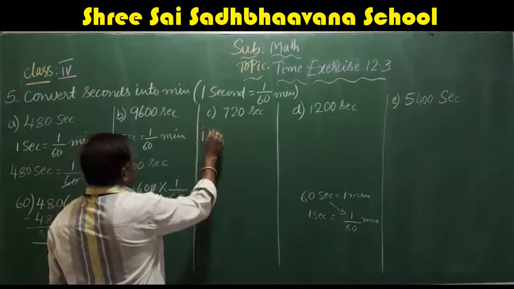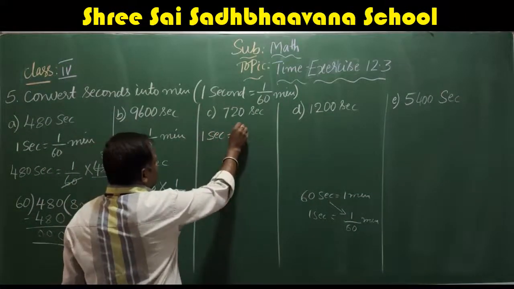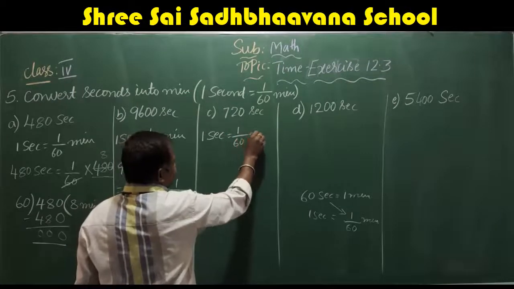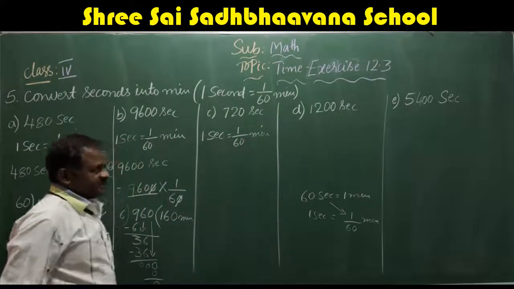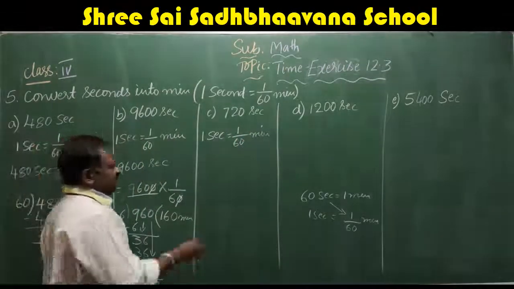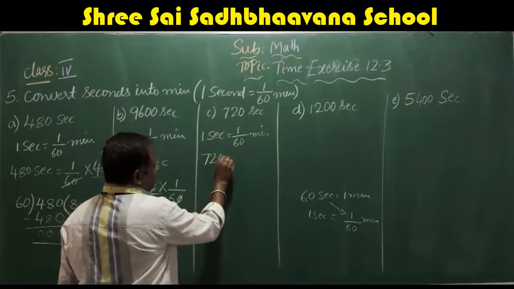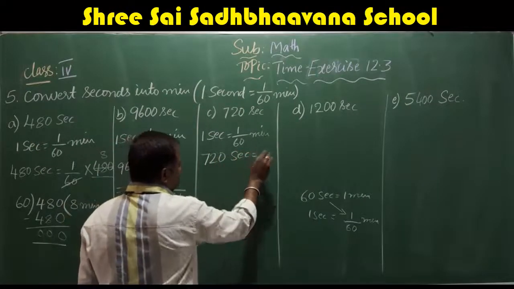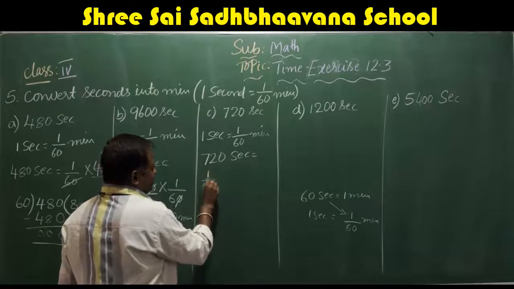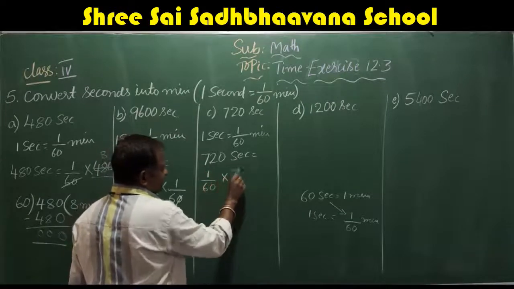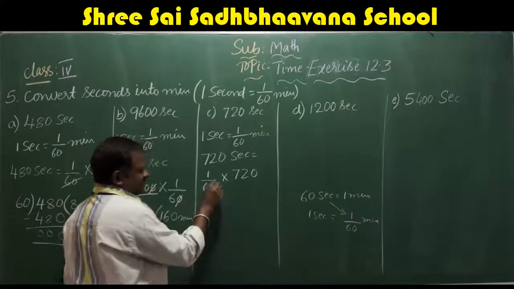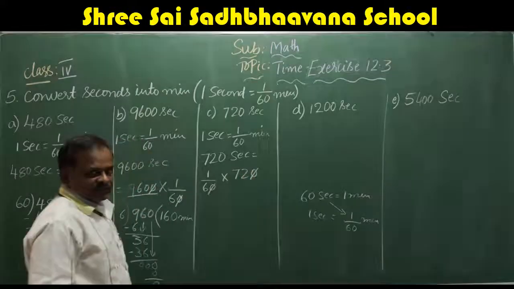Next, come to 720 seconds. Same way, 1 second is equal to 1 by 60 minute. So 720 seconds is equal to 1 by 60 into 720. Same way, 0 0 cancel.